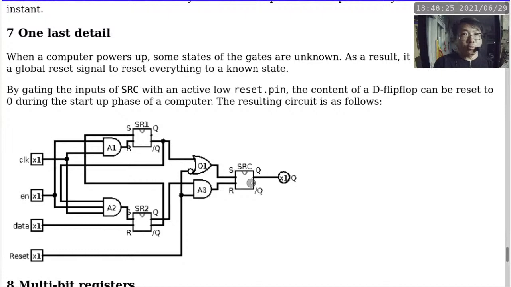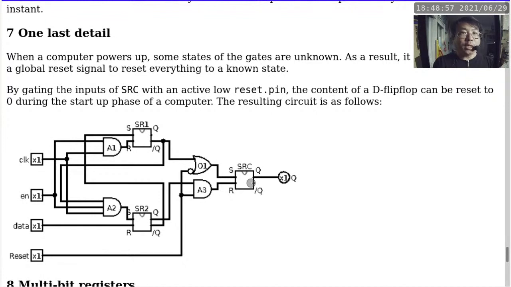Alright, so now the question is, why do we need the reset pin? As a computer starts up, the transistors are in various states, so we don't know the actual current state of an SR latch when you power up a circuit. Q can be a 1, can be a 0, and then depending on the S and the R pin, like what we analyzed a little bit earlier, an SR latch can start up oscillating, just flipping and flopping between zeros and ones.